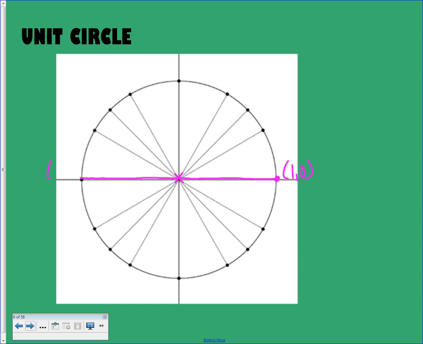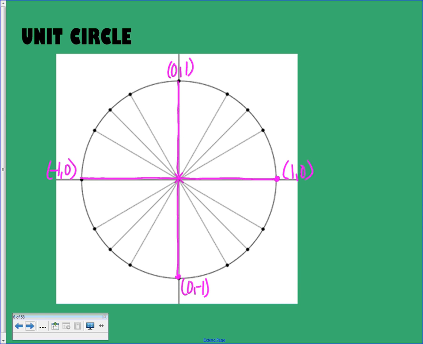Going backwards gives (-1, 0). If I go down here, that gives me (0, -1). Think about this on an XY chart. This is going to be the ordered pair (0, 1). So there's the basic part of your unit circle.